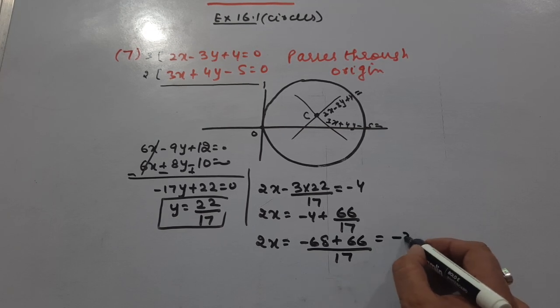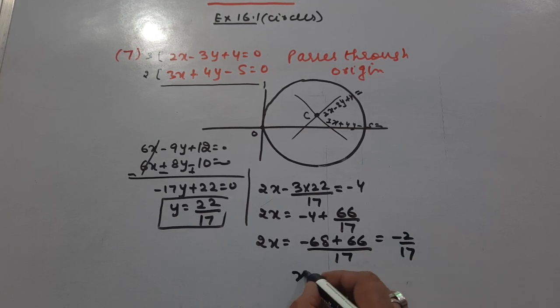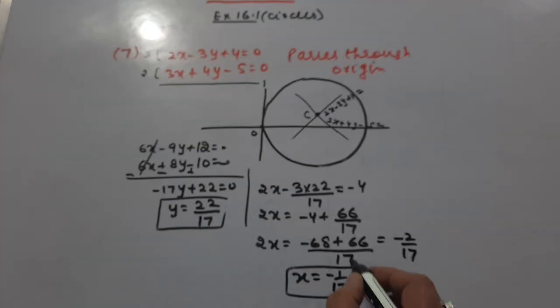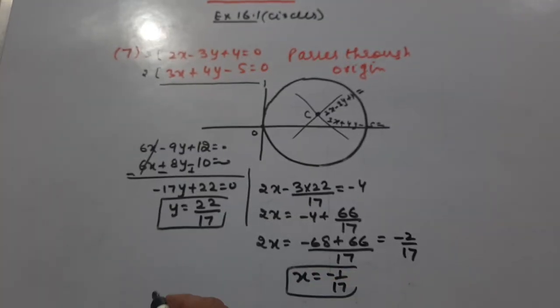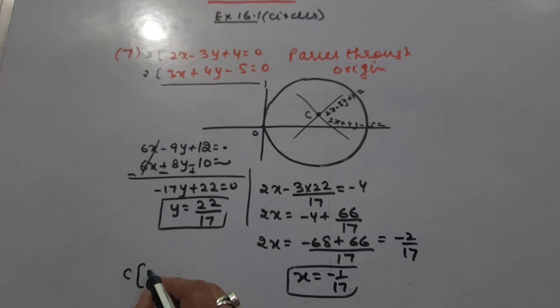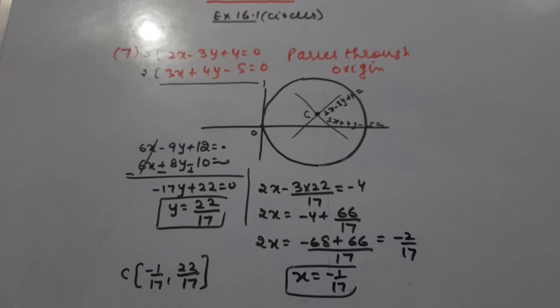So we get minus 2 by 17, and x equal to minus 1 by 17. So students, the coordinates of the center are minus 1 by 17 and 22 by 17. Right? Now let us find the radius.